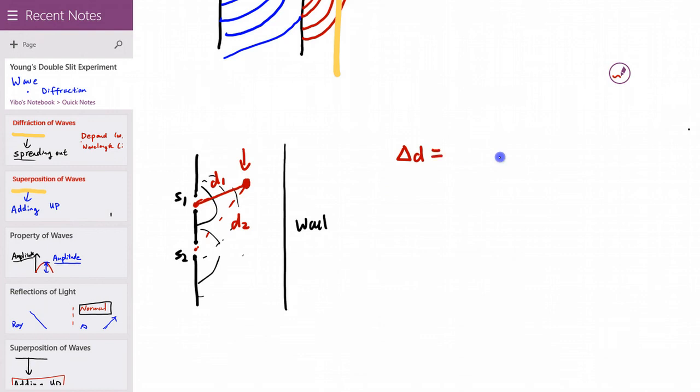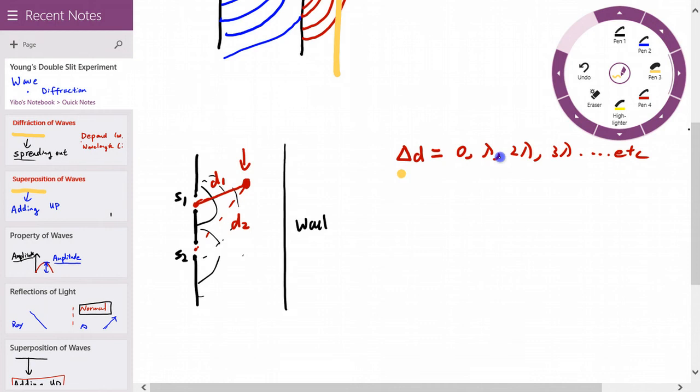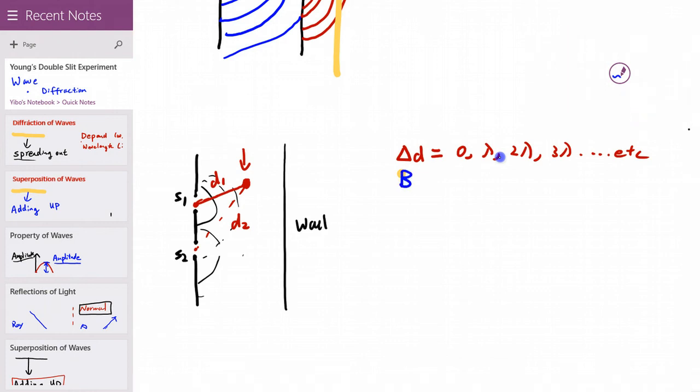if the difference is 0, or 1 wavelength, or 2 wavelengths, or 3 wavelengths, etc., then we have bright bands. To be more scientific, we can use all those fancy words we learned before: we have antinodal points.